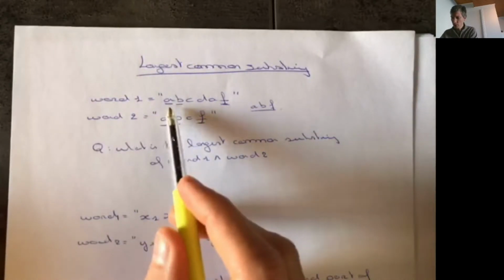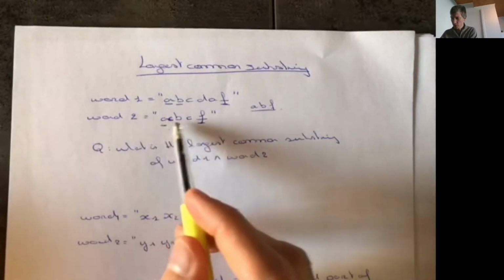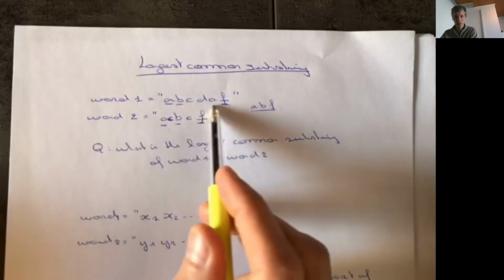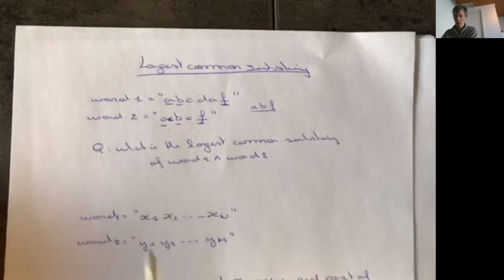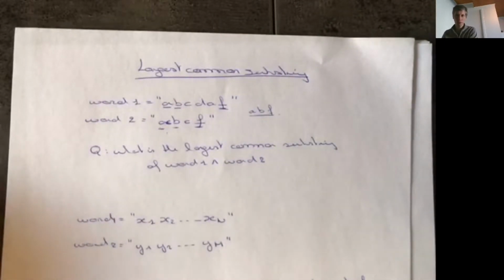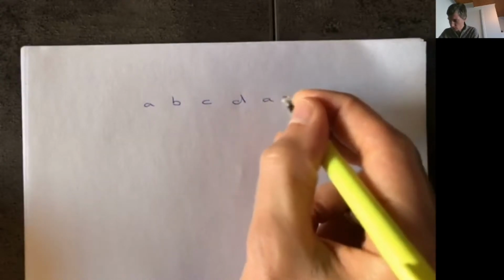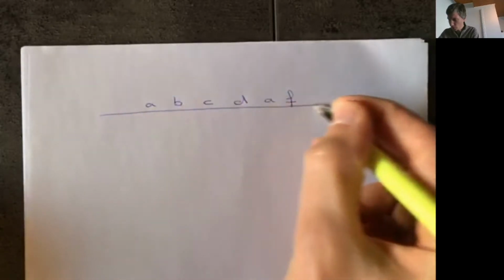Let's see how this works if we make a table. We have two words, so we can make a table where every row is a letter of word 2 and every column is a letter of word 1, and then we build up this matrix row by row or column by column. So we have a table. Let me put A, B, C, D, A, and F. These are the columns.